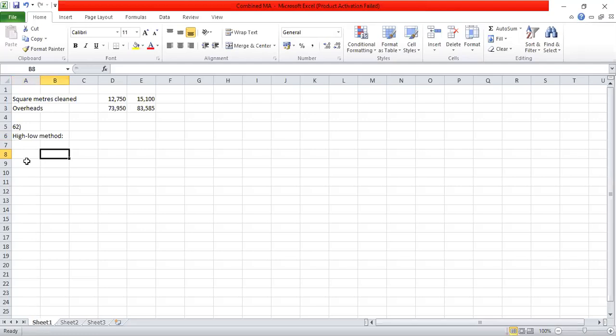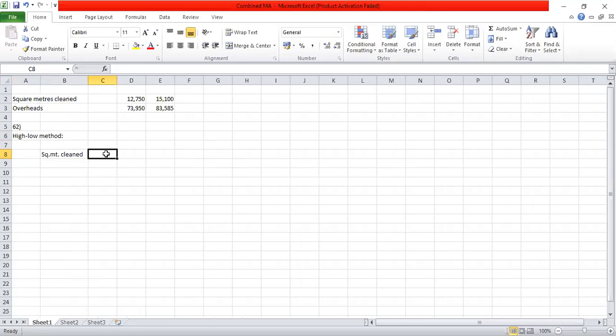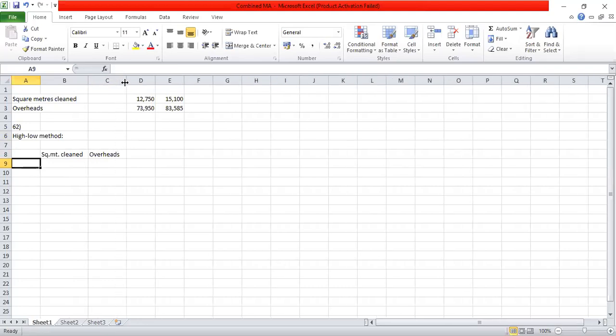There are two things given: square meters cleaned, and the next one, overheads. First, take the high.